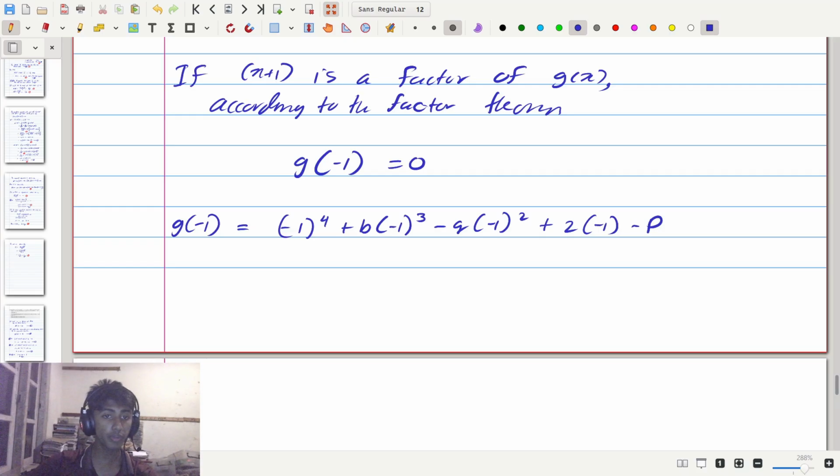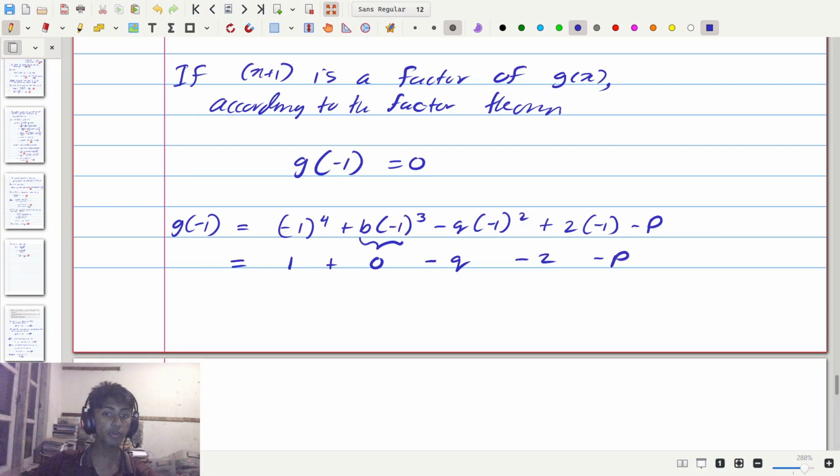And if we simplify this, we can see we get 1 here, we get b times negative 1 here, which is going to be negative b, which is equal to 0, since b is equal to 0, so this part's equal to 0, and then we get minus q times 1, which is minus q, and here we get plus 2 times negative 1, which is minus 2, and minus p.